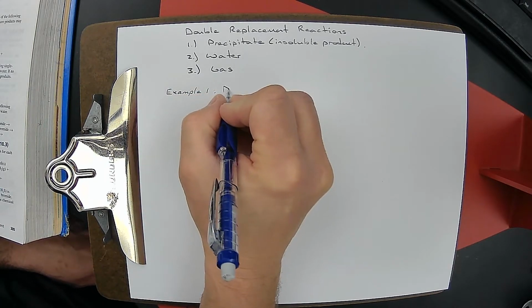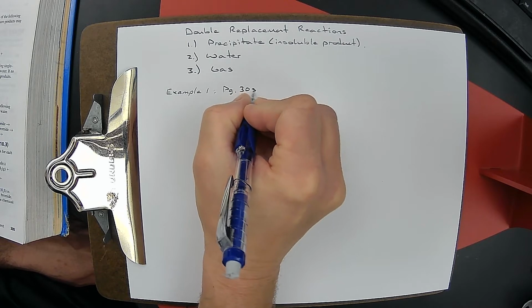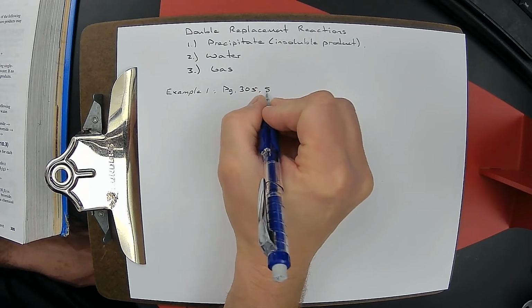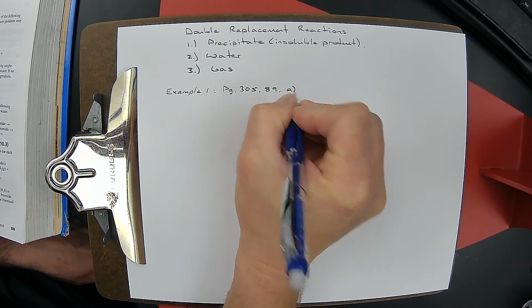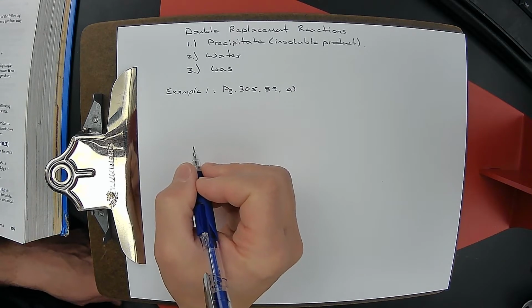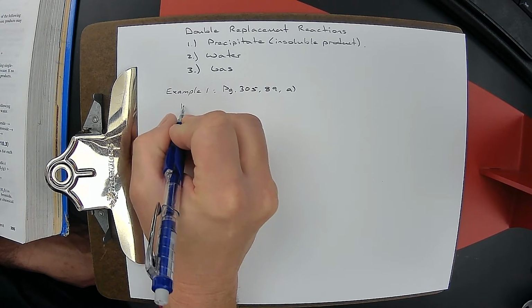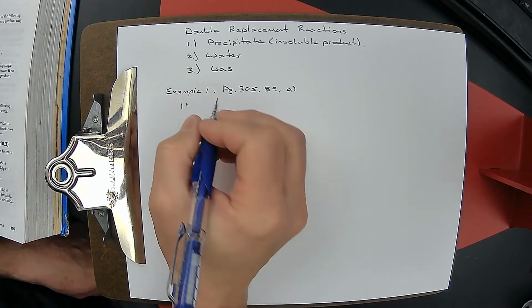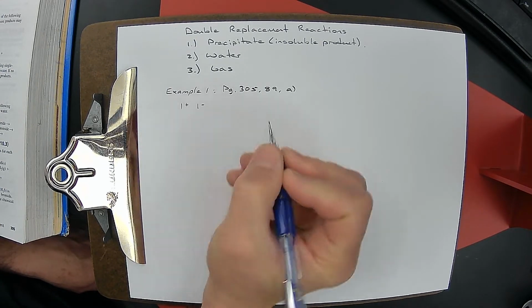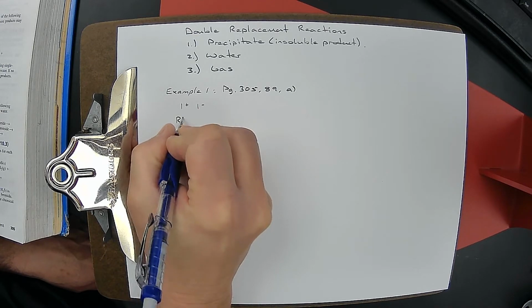Rubidium is in column 1A, so rubidium is a 1 plus. And iodine is in column 7A. It's a 1 minus, so it would be RbI.